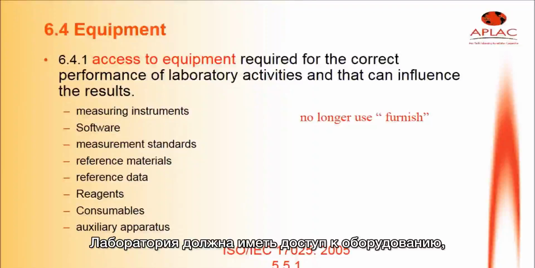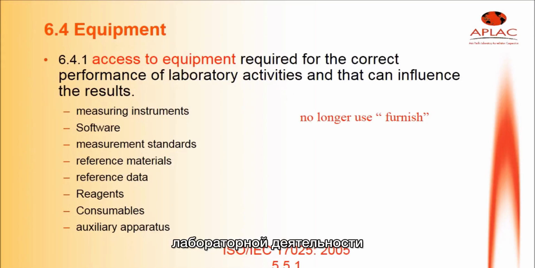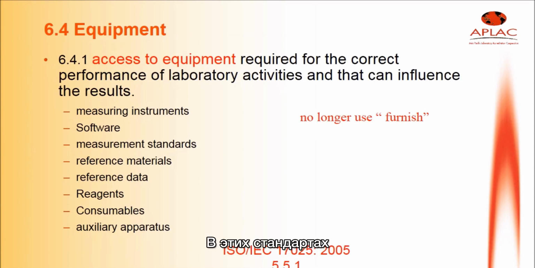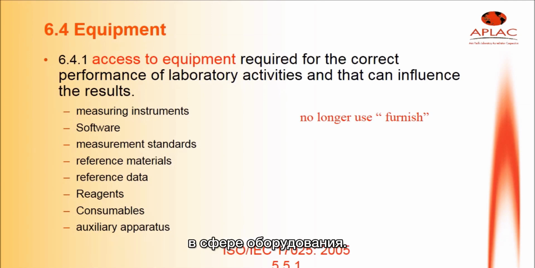The laboratory shall have access to equipment required for the correct performance of laboratory activities, and that can influence the result. In these standards, it's the first time to give a very clear scope of the equipment.